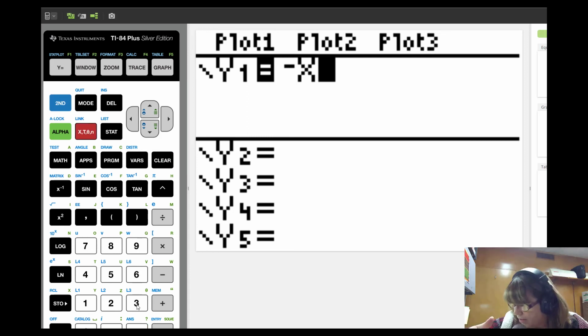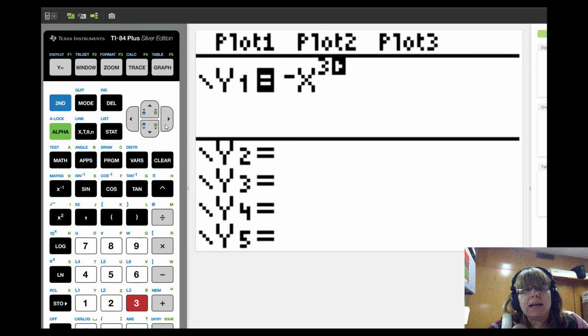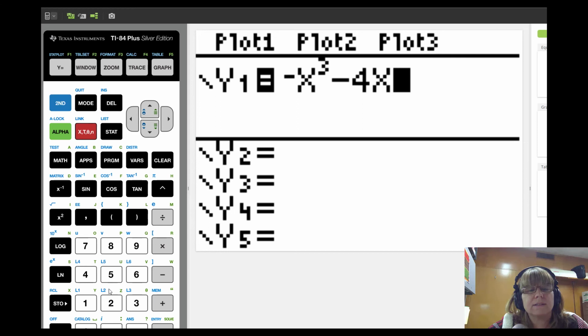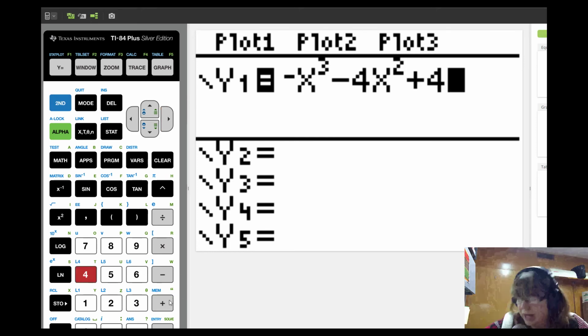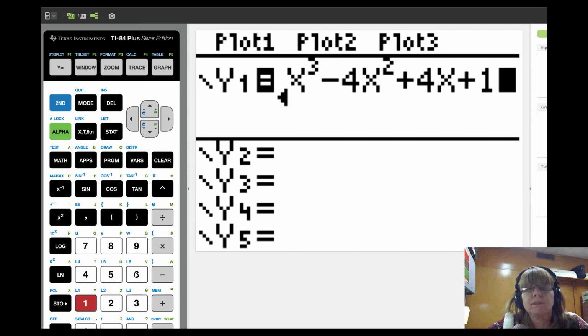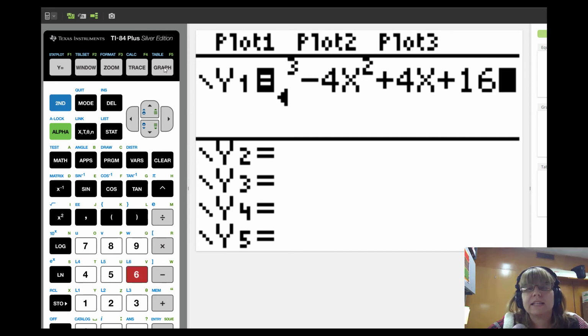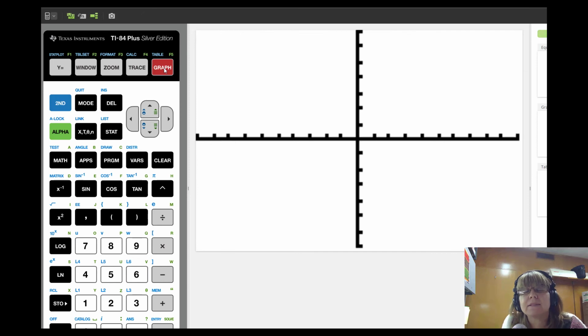I'm used to having a mouse. Sorry about that. Minus 4x squared plus 4x, and we have a plus 16. All right, and let's graph this and see what happens.